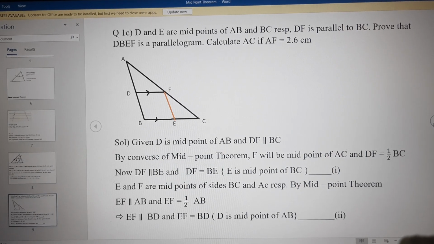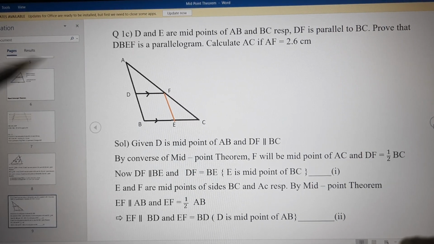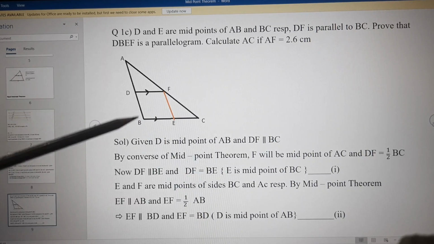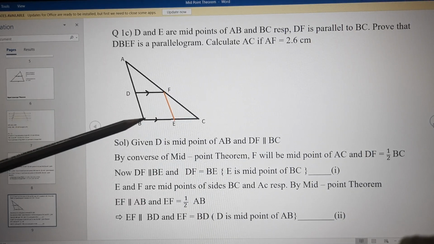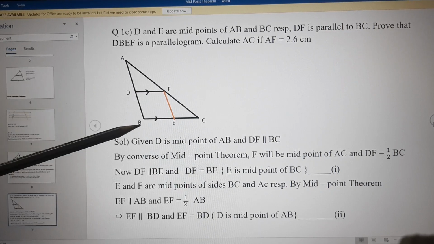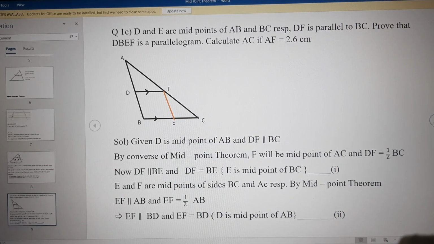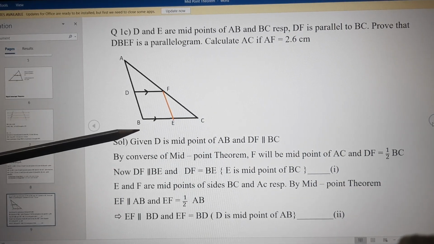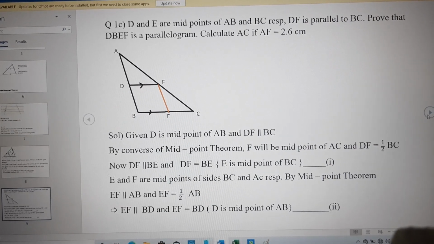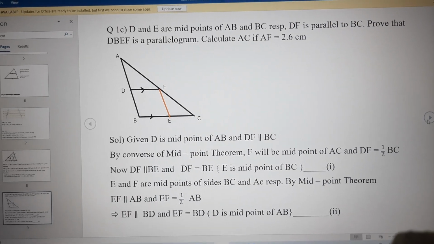So by the midpoint theorem, EF is parallel to AB and EF is equal to half of AB. Half AB can be written as BD because D is the midpoint of AB. So BD is equal to EF and EF is parallel to the complete line segment AB, or we can write EF is parallel to BD. So opposite sides are parallel and equal to each other.